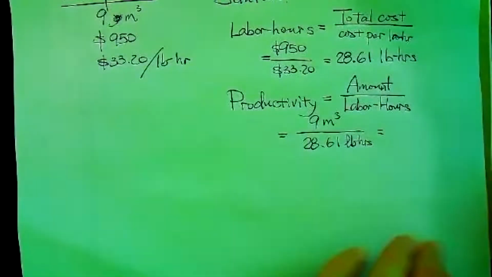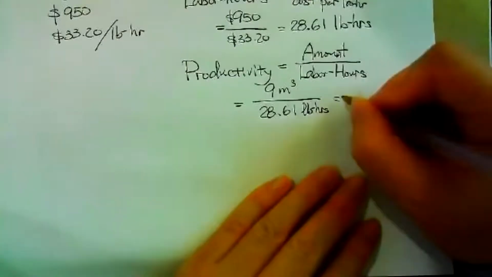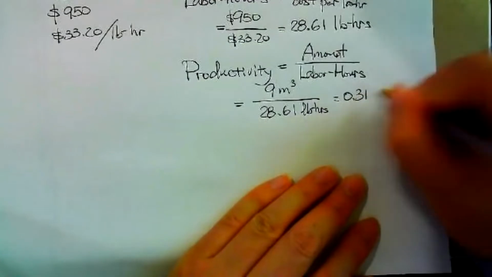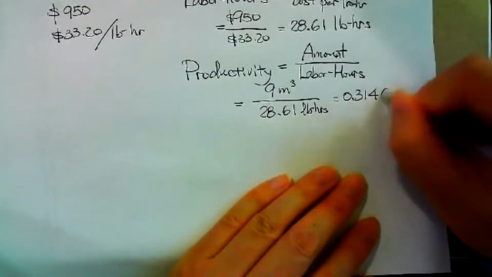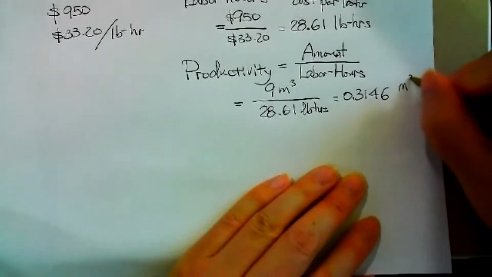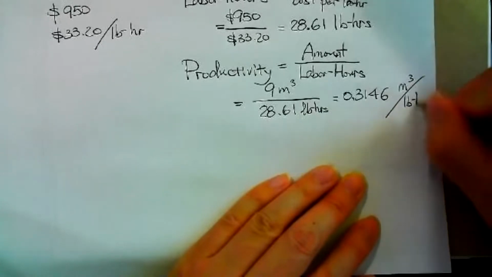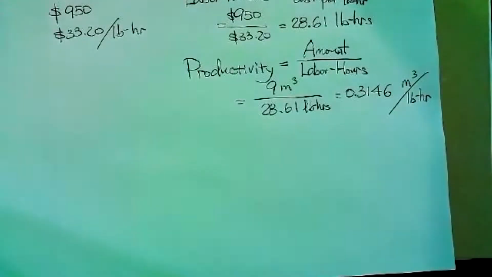So we got the productivity is 0.3146 cubic meter per labor hour. This is the productivity. So this problem wants us to calculate this productivity, okay?